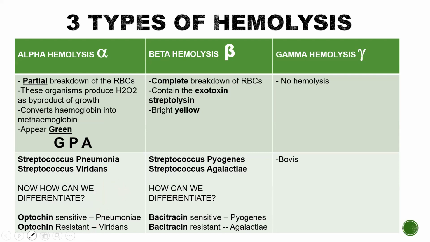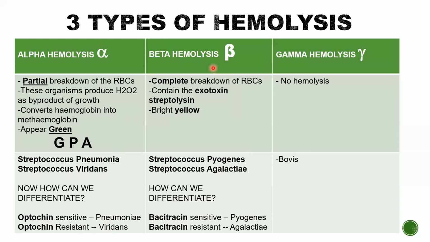I'll show you a picture later. I'll explain on the picture. I'm sorry for the confusion. But this is how we differentiate if it's pneumonia or viridans. We do the Optochin test. Optochin sensitive means it's pneumonia. Optochin resistant means it's viridans.